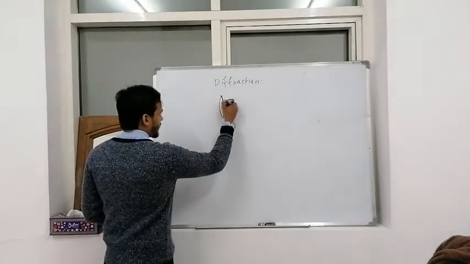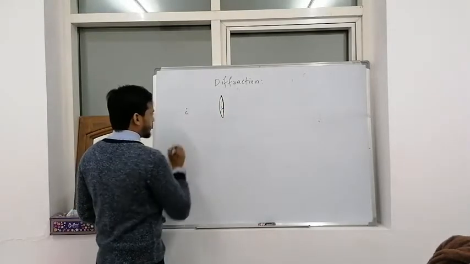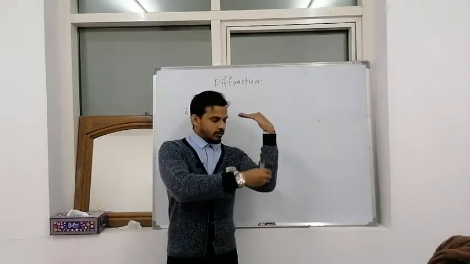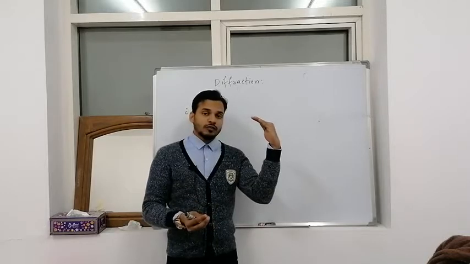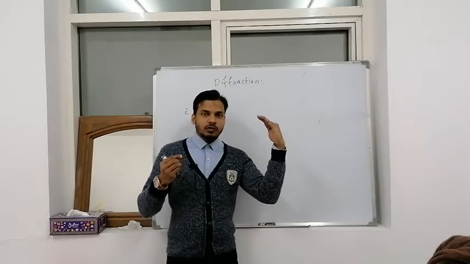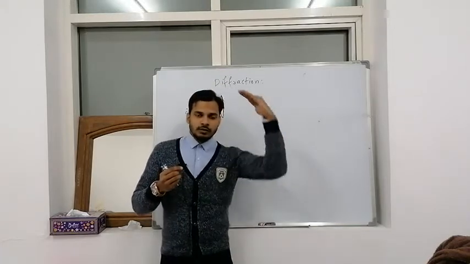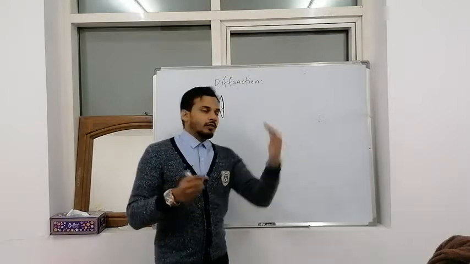According to this surface, there will be a center of curvature, C. This is somewhat like an arc, so it must be part of some circle. Here you will have some center so that it can form a circle like this. This center is nothing but the center of curvature.